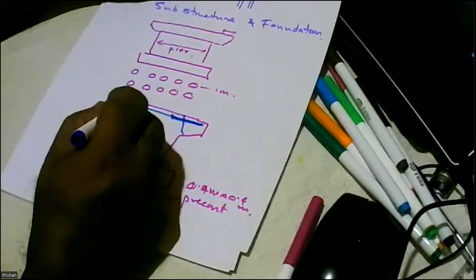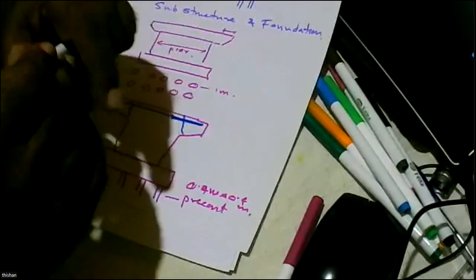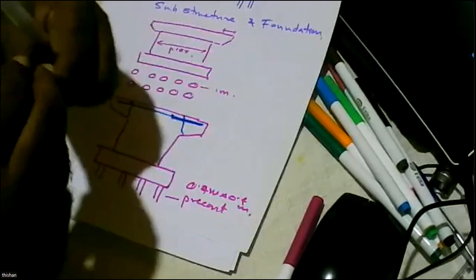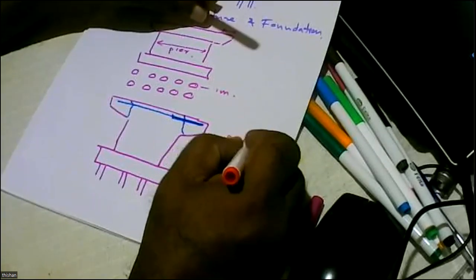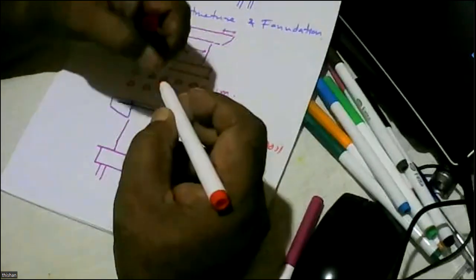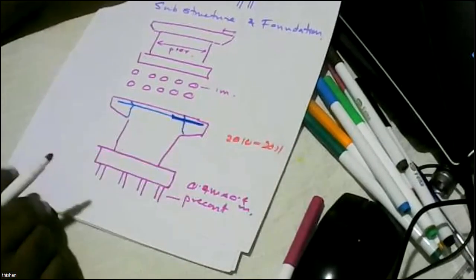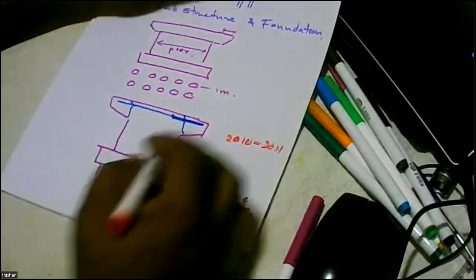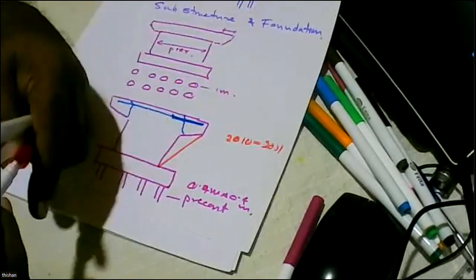So what happened was there were cracks like that. This was at the latter part of the project, somewhere around 2010, 2011, and the need to complete the project was also there. Then they thought, okay, let's have something like that.